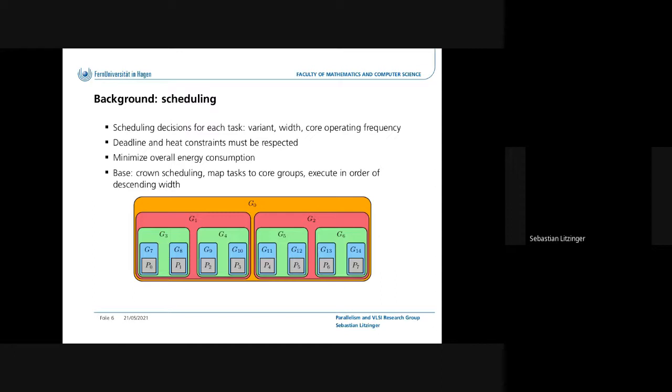So the basic technique we employed here is crown scheduling, which aims to reduce the scheduling effort. And this is done by partitioning the set of available cores into groups.